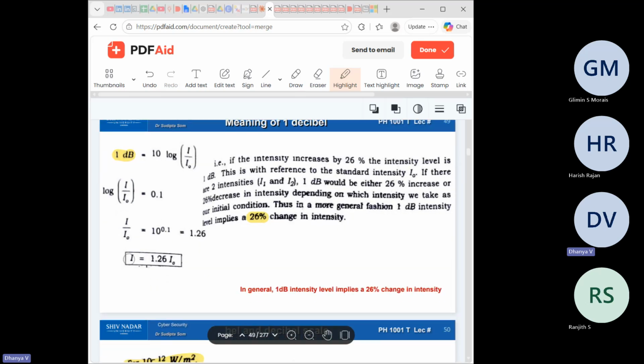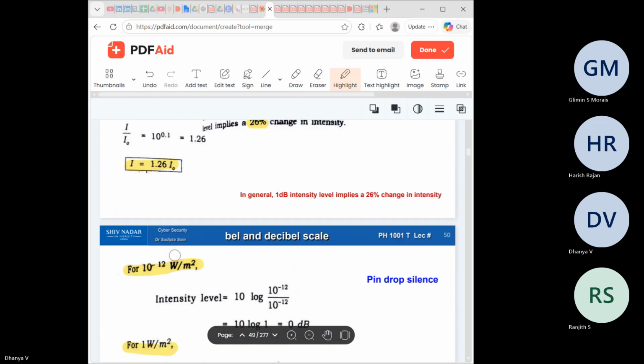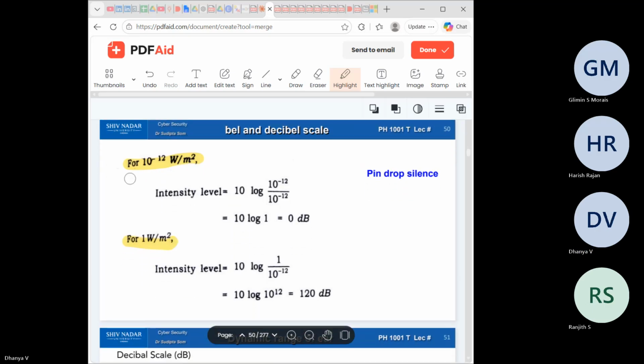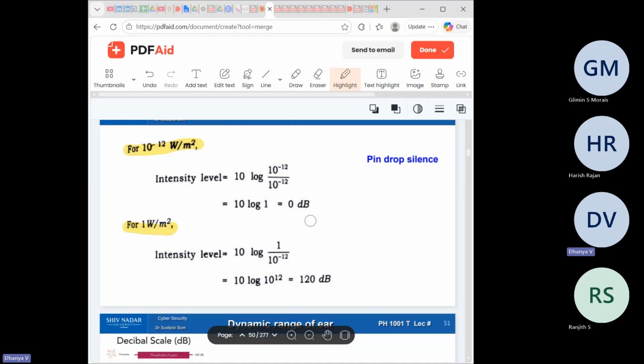Okay, so that is good. We did see that the lowest intensity is 10 to the power minus 12, no? So if you substitute that, then it will be log 1, which is 0. So that is the lowest that you can get to.